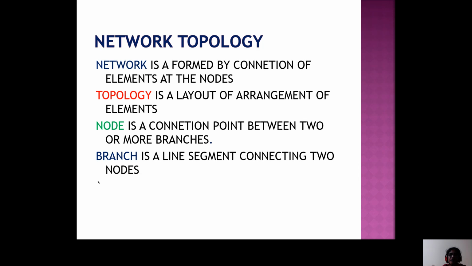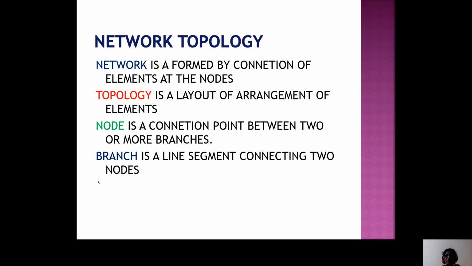It is a combination of elements, that is, the total geometric structure. A network is the interconnection of various network elements, which are either active elements or passive elements. The total interconnection of the elements is nothing but the network.